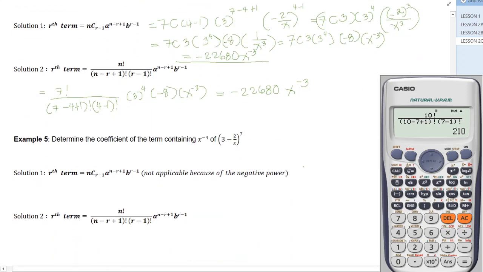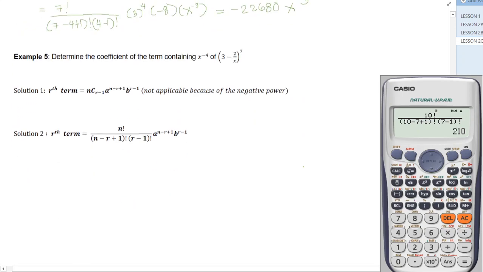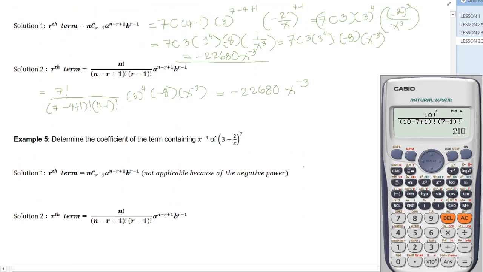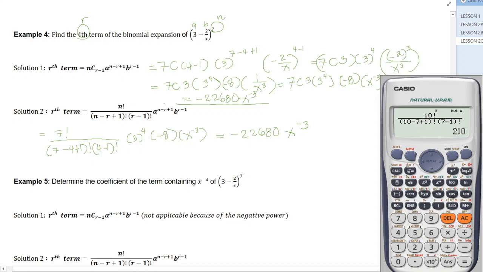Okay, so we'll be having your example number 5: determine the coefficient of the term containing x raised to negative 4 of your example number 4. Since the fourth term is already x raised to negative 3, if that is x raised to negative 4, is it ascending or descending?